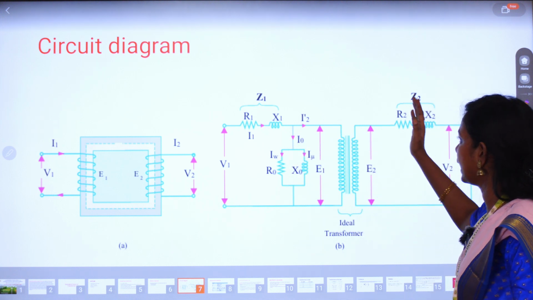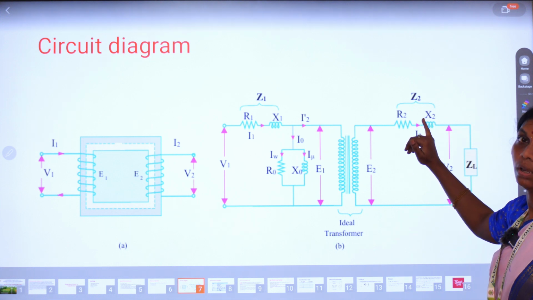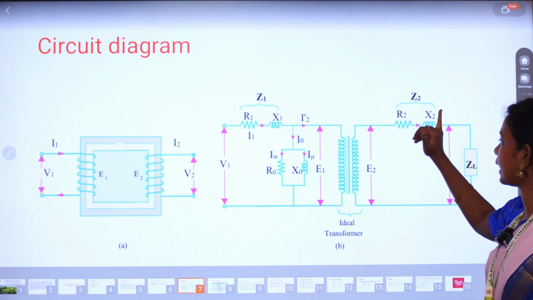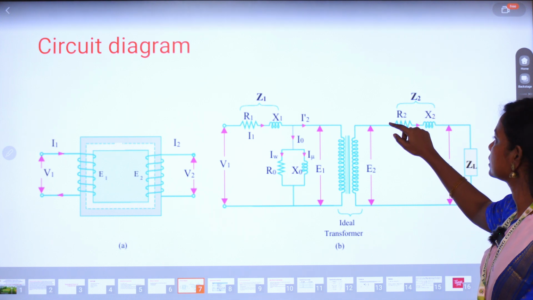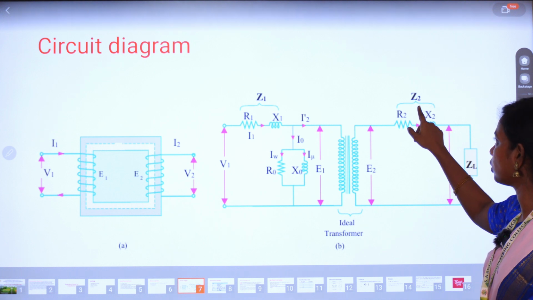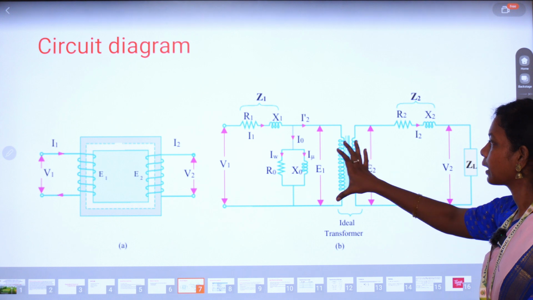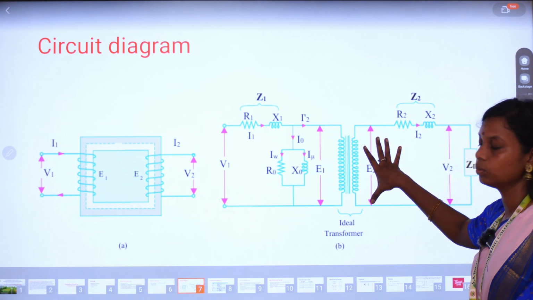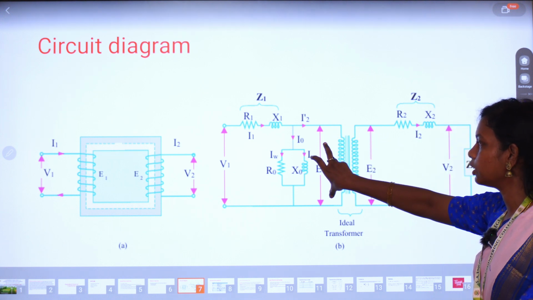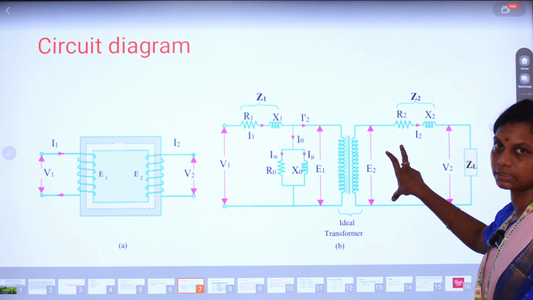And on the secondary side, we will be having R2 and X2, which are the secondary resistance and secondary reactance, and their combination is what we already know as impedance. This is the secondary impedance. And what are E1 and E2? They are the EMF induced in the primary side and the EMF induced in the secondary side.